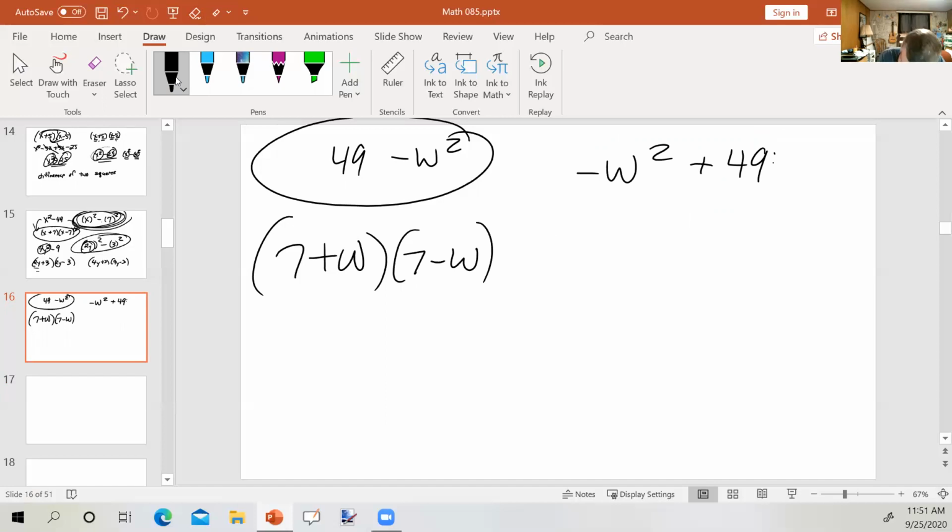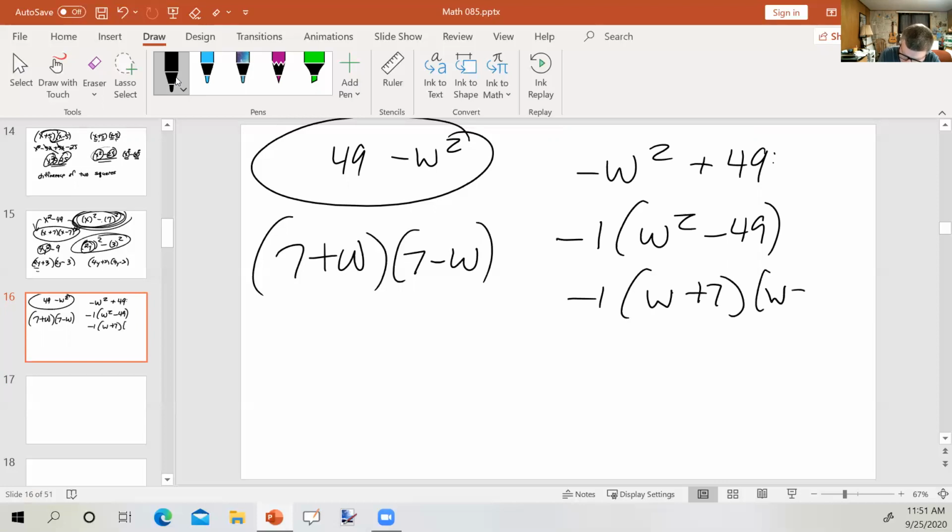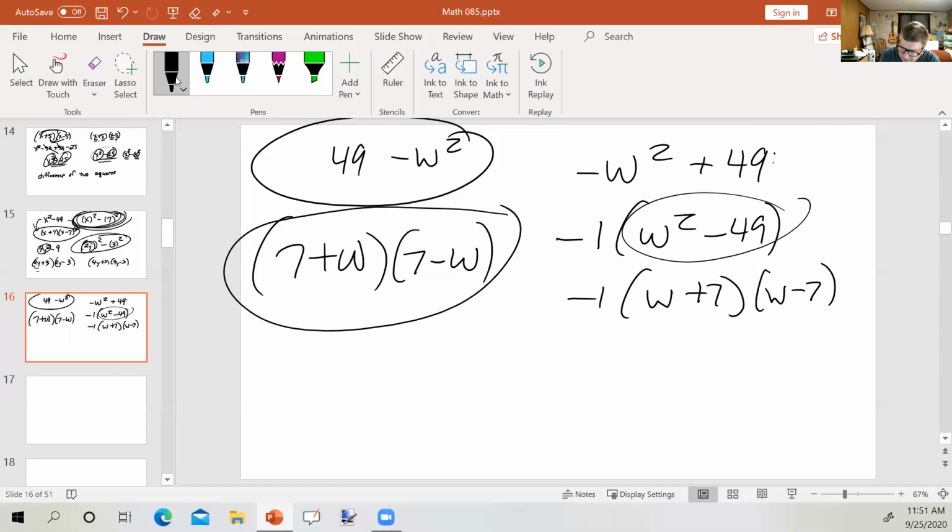So what I would do is I would factor out a -1. See what I did there? Yeah, but then would it be the same steps after that? So now what's inside is the difference of two squares. Mm-hmm.